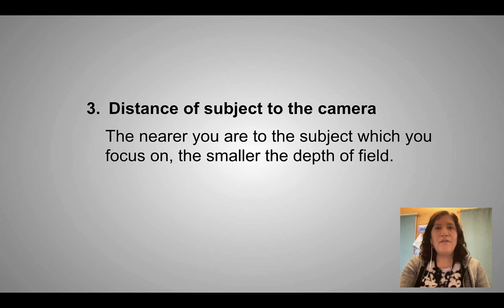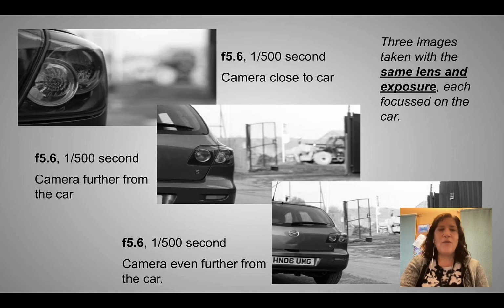And then the third variable is the distance from the subject to the camera, like physically how close you are to the object. These three photographs are exactly the same, except that the photographer was just getting closer and closer to the car.